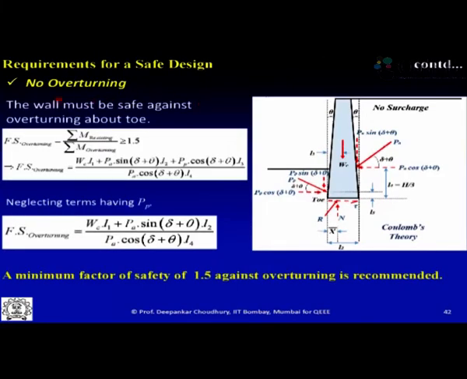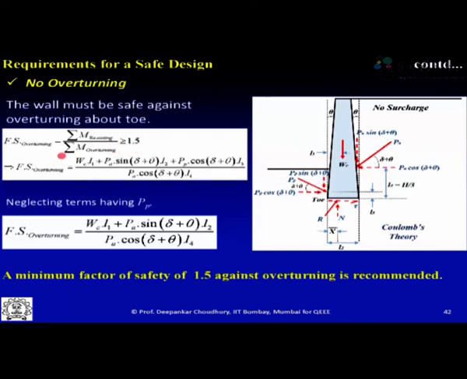For the next case, that is for protection against overturning failure, the similar computation I have already mentioned: the factor of safety against overturning is nothing but the sum of all your resisting moments divided by all your overturning moments. This also, for stability or design criteria, we have to maintain at more than or equal to 1.5.